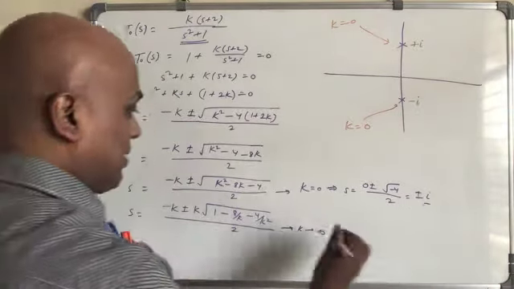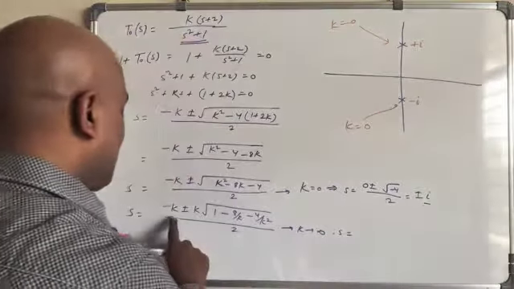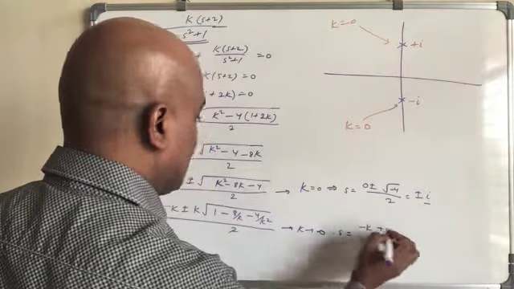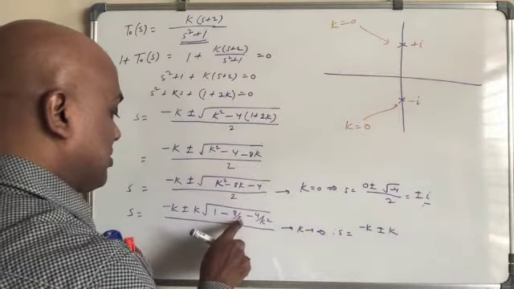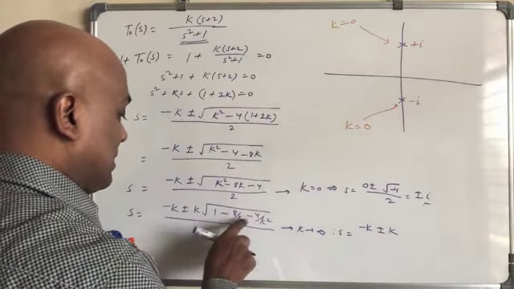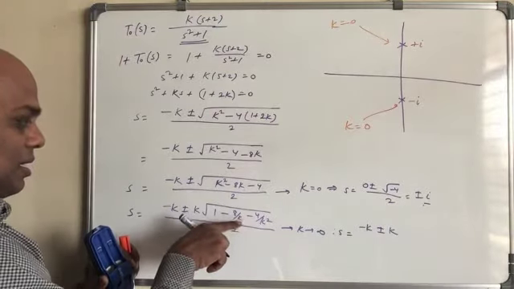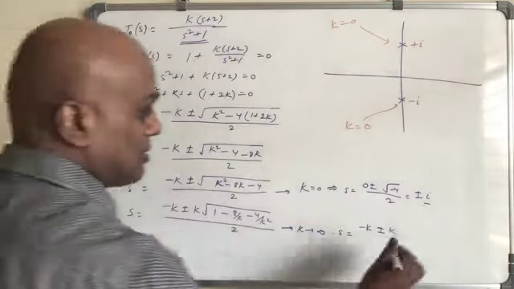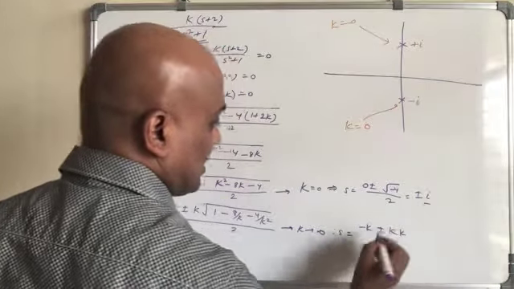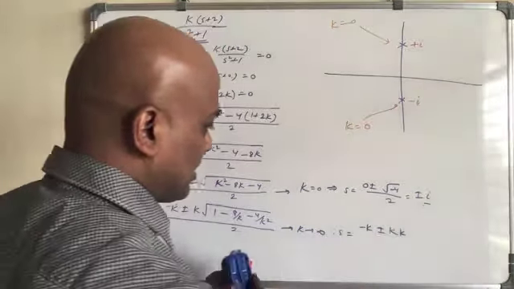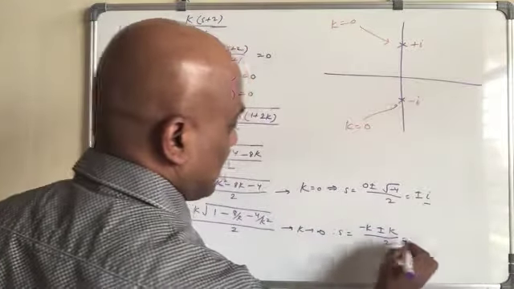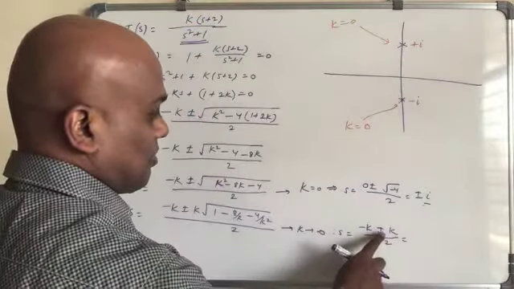So we can write s equal to minus k plus minus k, and when k tends to infinity, this becomes 0, this becomes 0, so we have plus minus k only in this case, plus minus k divided by 2. And what do we get?